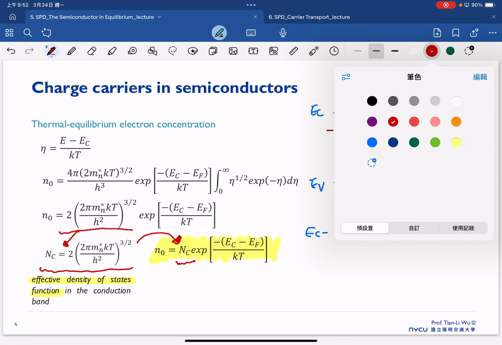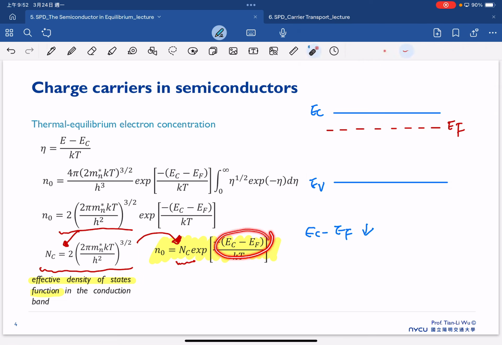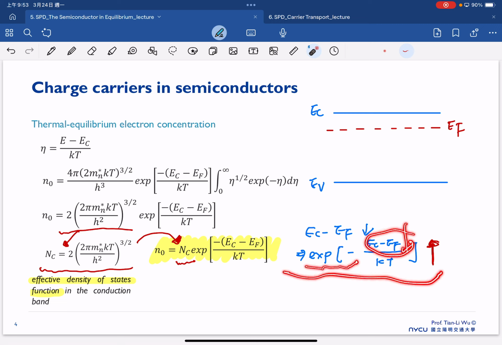On the other hand, if you look at this equation, EC minus EF becoming smaller suggests that the exponential of the term minus EC minus EF over KT is increasing. This is pretty simple mathematics: once this term decreases, with the exponential of minus this term, the overall value increases.